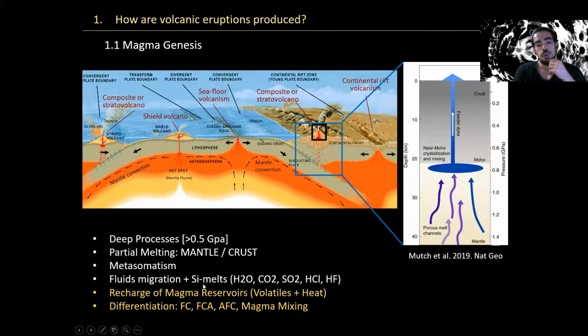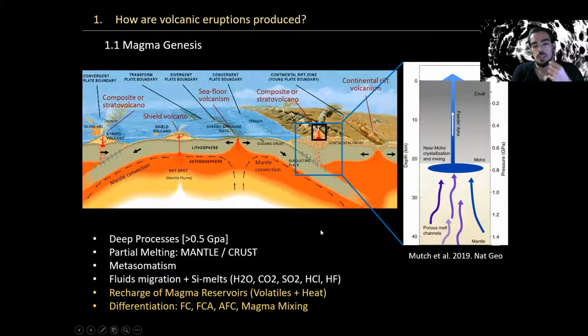So something important is that when magma is produced and it travels up to crustal levels, it can actually recharge magma reservoirs where there was already magma sitting. When this recharge happens, there is an input of volatiles and heat, which also produces different processes in this magma in storage, which are fractional crystallization and assimilation of the hosting rocks, and also magma mixing.